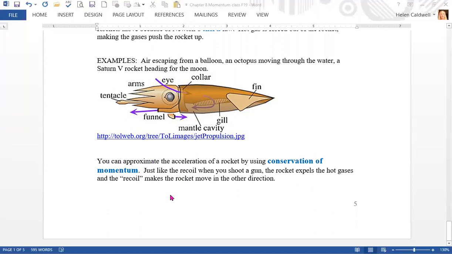So we can use conservation of momentum to a certain extent if you're talking about rocket acceleration, but like I said, it's way more complicated than just a simple explanation. But anyhow, it's a start. So we'll stop with this.